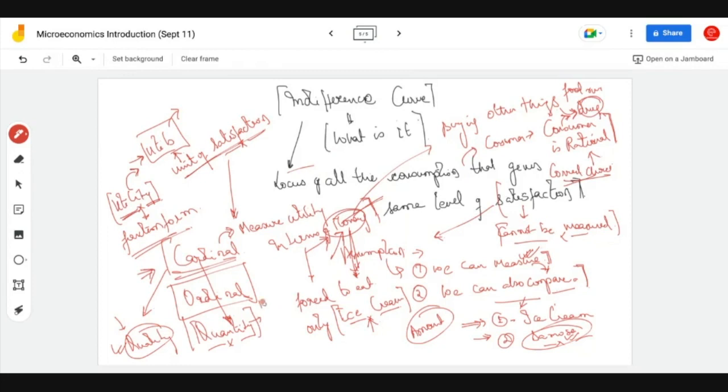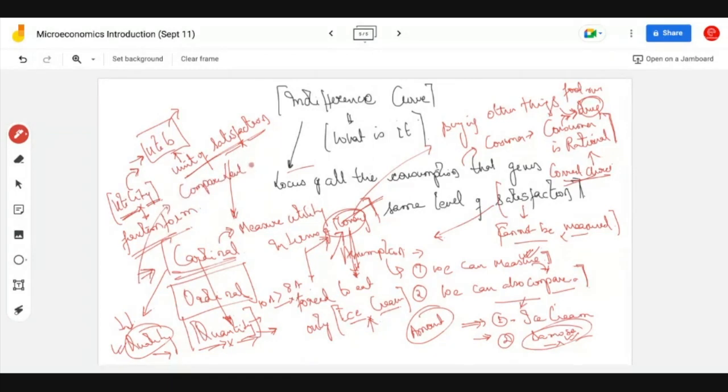Sometimes we'll say 10 apples are better than 8 apples, so here also we are measuring. Now the question is, can we measure satisfaction? Yes, we can measure the happiness part. Like I'm more happy when I'm watching a Hollywood movie and less happy when I'm watching a Korean movie. In this way, at some level, I can measure or compare my level of happiness.